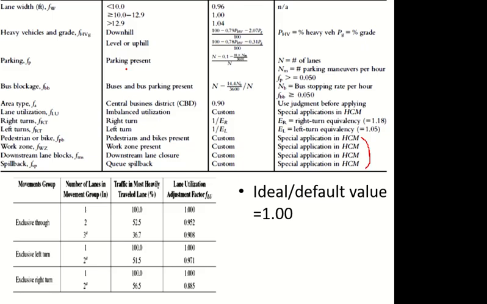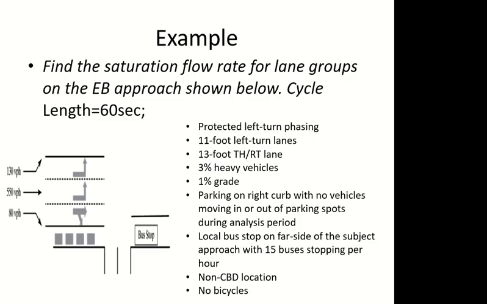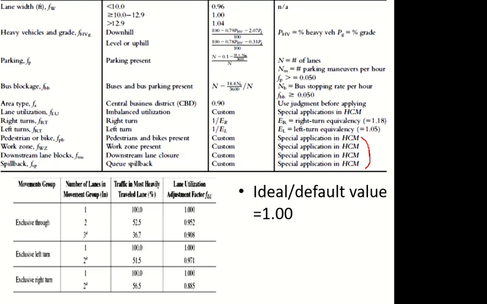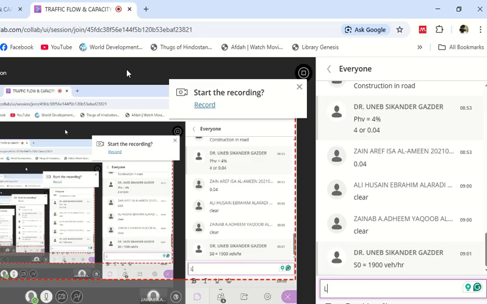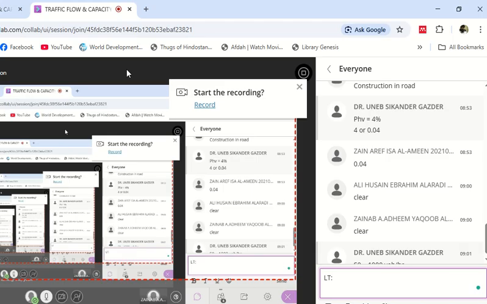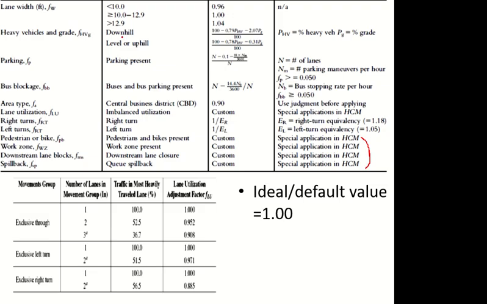I have to do it for left turning and then for the through and right as well. Let's start with the left turning lane width factor. Left turning has 11 feet lane width, so I'm here. The factor is 1.